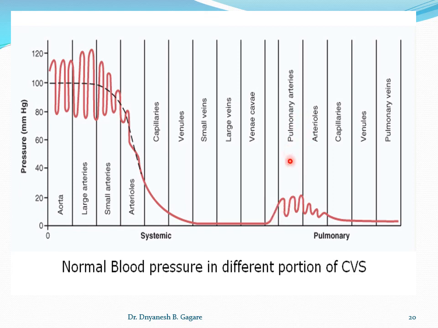When the blood is pumped into the pulmonary circulation, the pressure is 25 to 8 millimeters of mercury, and the mean pressure is only 20 millimeters of mercury. So like this, it decreases. In the arteriole, it is only up to 10 millimeters of mercury, and in capillaries, it decreases to 7 millimeters of mercury, and in venules, it comes to 2 millimeters of mercury in the pulmonary vein. So like this, it shows the blood pressure in the different segments of the CVS.